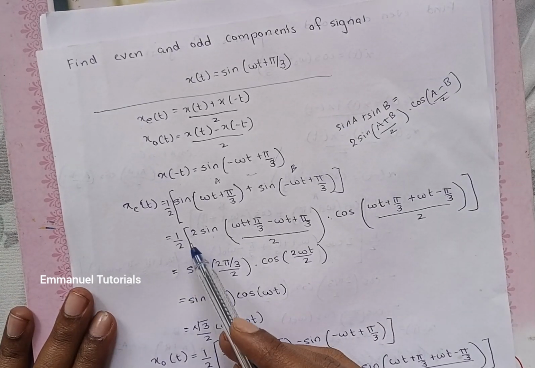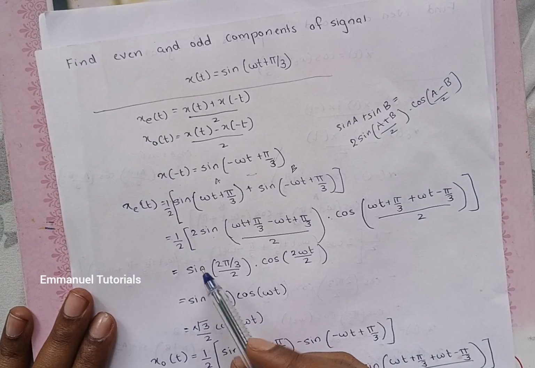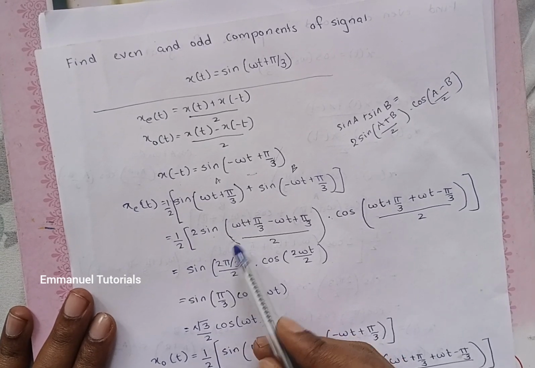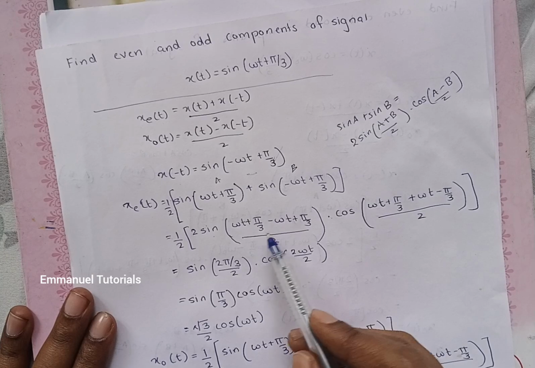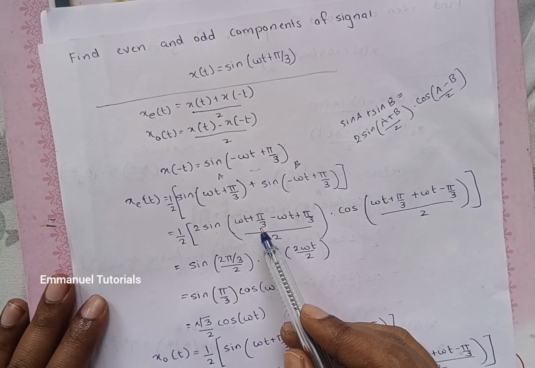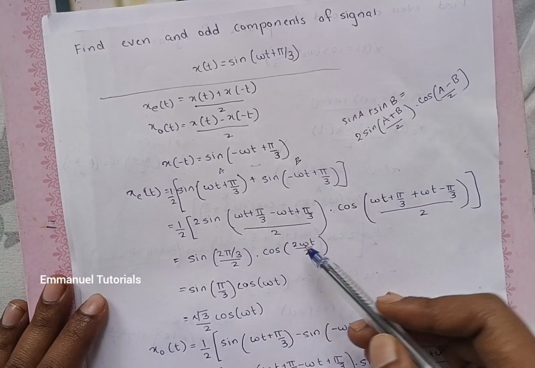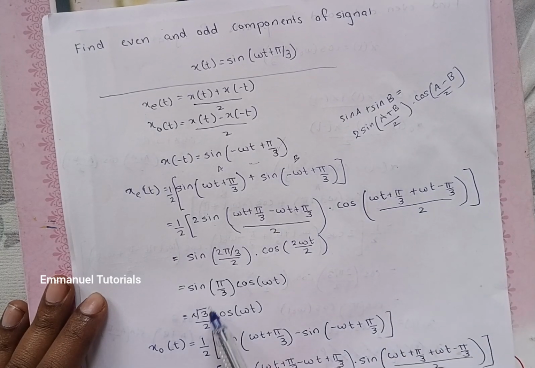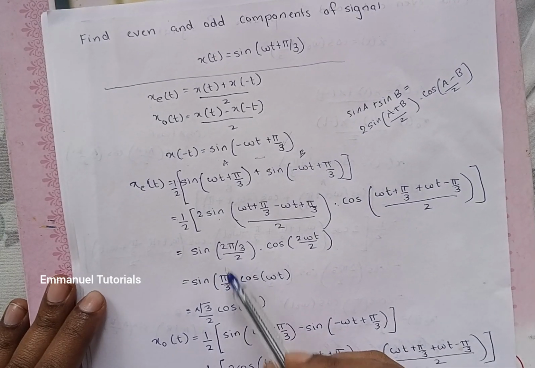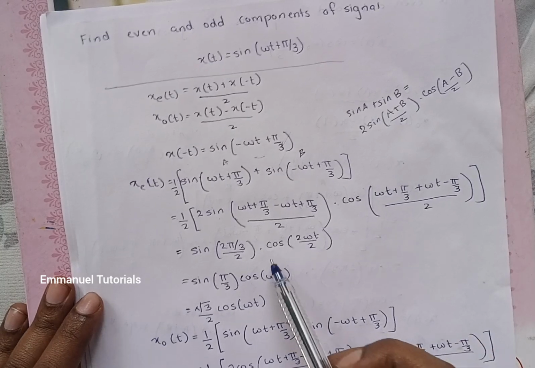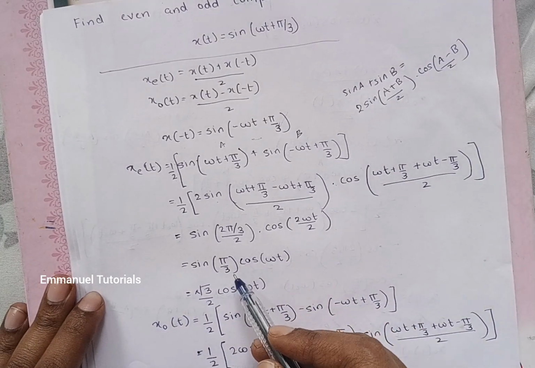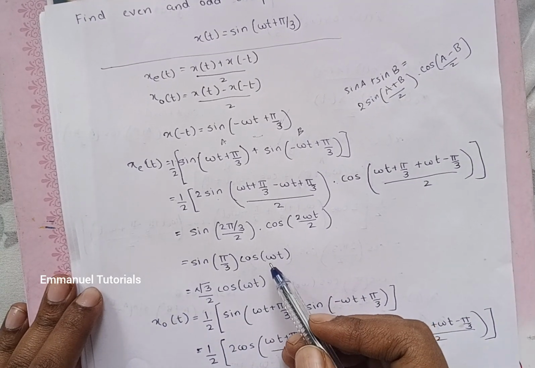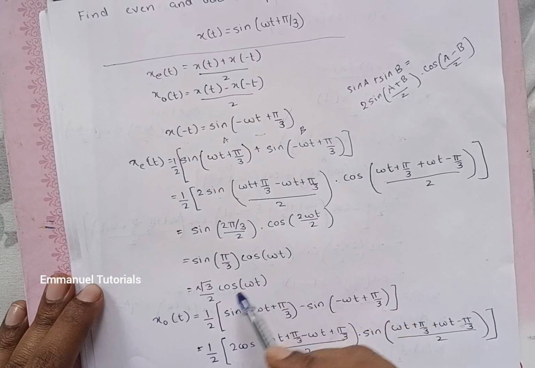In the next step, half and 2 will get cancelled out, and we'll have sine 2 pi by 3, because omega t and omega t will get cancelled, divided by 2, cos 2 omega t by 2. Same concept. In the next step, 2 and 2 will get cancelled in both of the functions. So what we will be left with is sine pi by 3 and cos omega t.